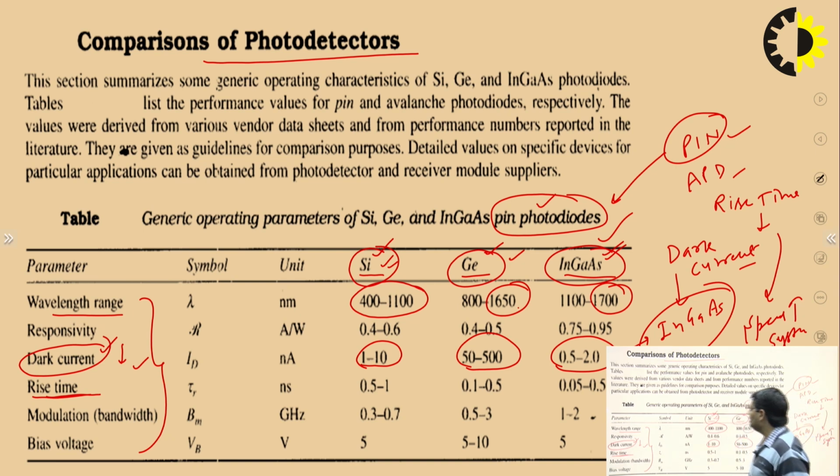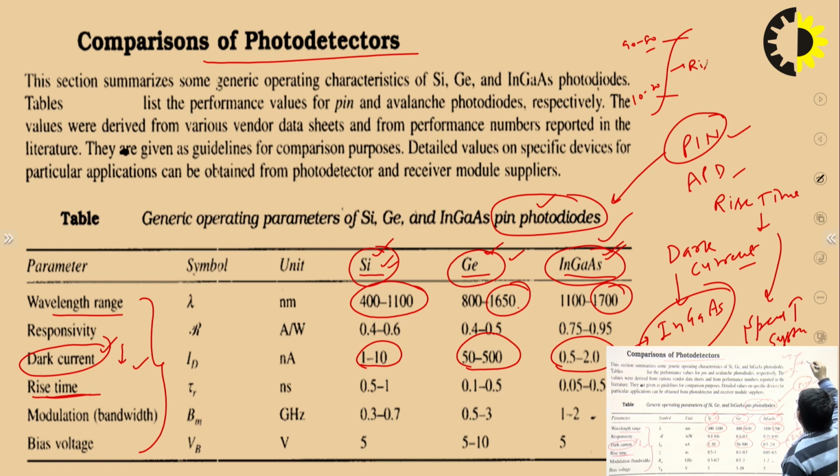Rise time is basically the time taken for the signal to rise from, let's say, 10 to 20% to 80 to 90%. This time is called the rise time, and the reverse of this is the fall time. So rise time should be minimum.